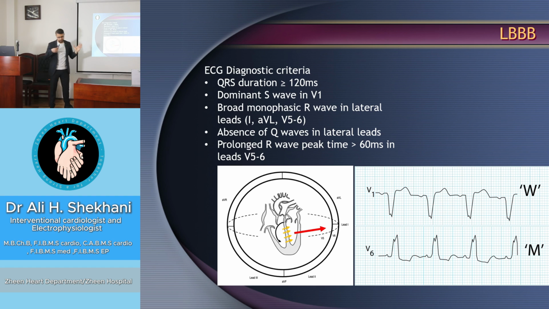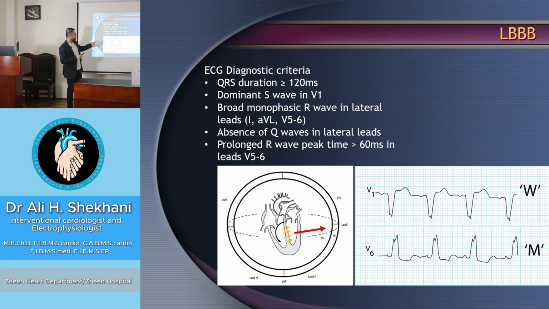Why? Because the direction of electricity goes from right side to left. That's why any leads in the right side, like V1, become negative, and any leads in the left side, like V6, V5, lead 1, aVL, become positive, because the direction of electricity is toward those leads.